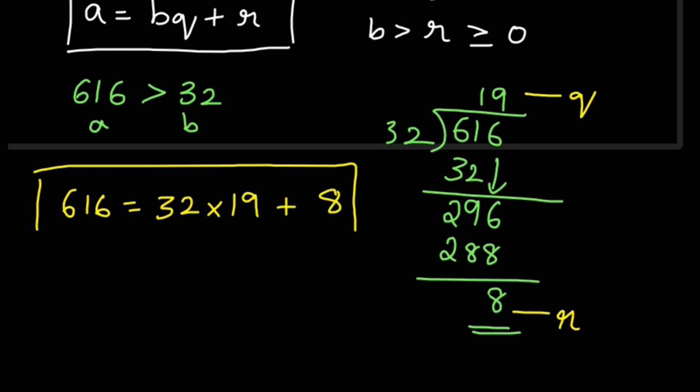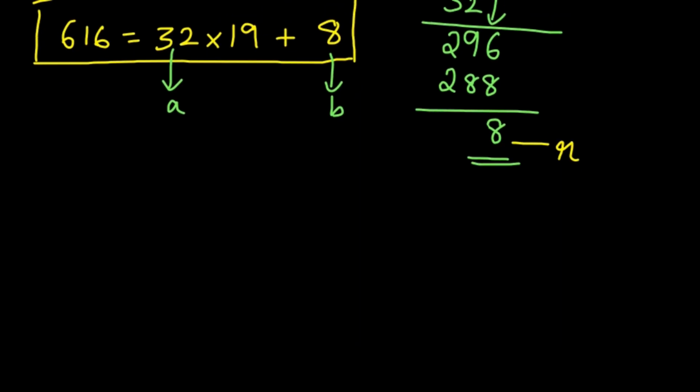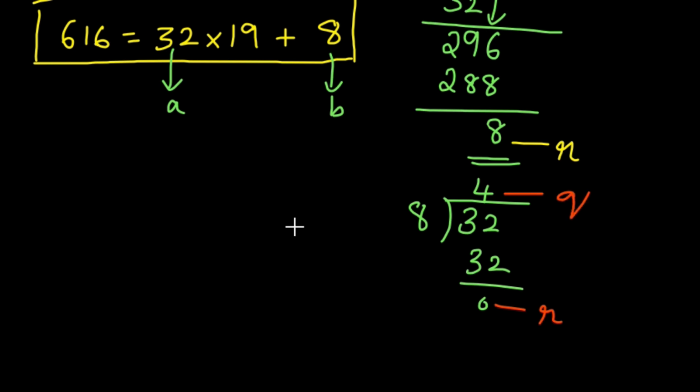Now next step. In the next step, this will be your A and this will be your B. Dividing 32 divided by 8. 8 fours are 32. Remainder 0. So here we have R is 0. This is Q. 32 equals 8 multiplied by 4 plus 0.